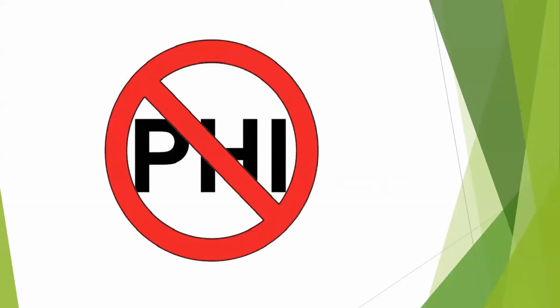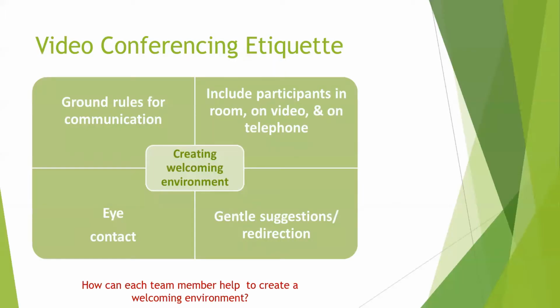No PHI, once again. A couple of video conferencing etiquettes. This isn't just for Echo, but it's hard sometimes to remember when you're on a conference call, you're not in the room with them, but you want to create an experience as closely related to that as you possibly can.